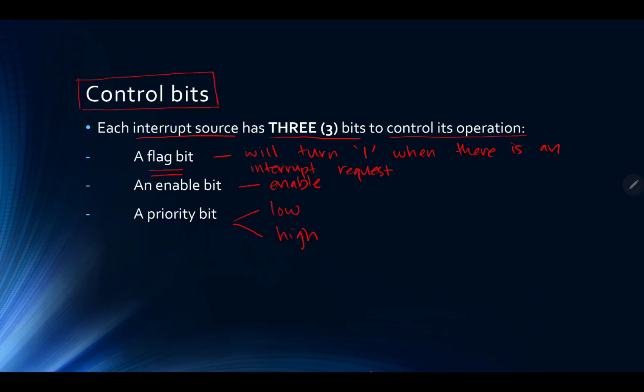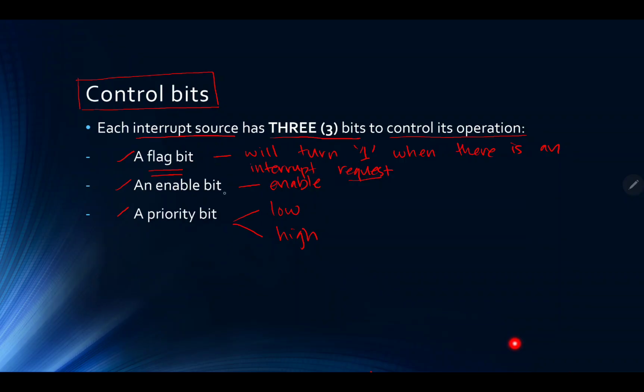For every interrupt source, there is a flag bit, there is an enable bit, and there is a priority bit. The flag bit will turn 1 whenever there is an interrupt request.